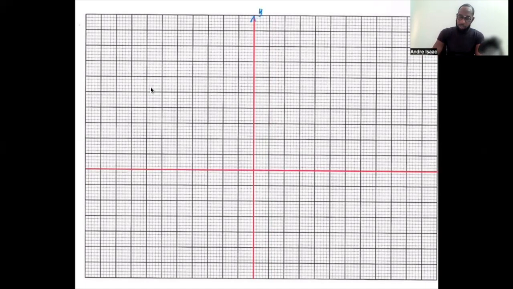Here is the positive y-axis, negative y-axis, negative x-axis, and here's the positive x-axis. Let's put x-axis. And we have our 0 right here.